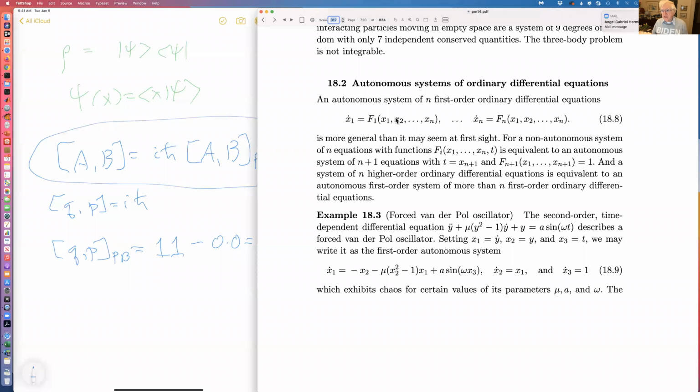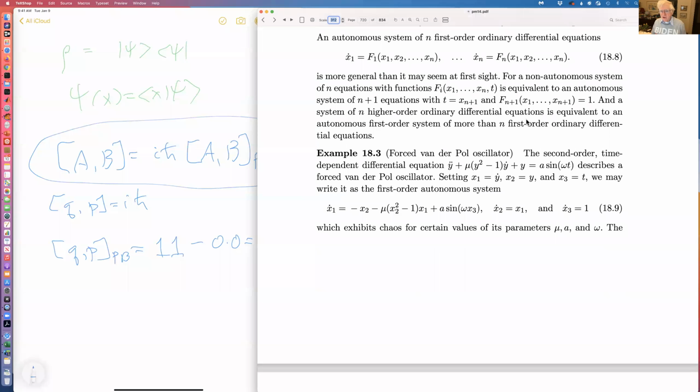Even though this is restricted, it's actually more general than it appears, because if you have a non-autonomous system of n equations, it's equivalent to an autonomous system of n+1 equations. You just set time equal to the (n+1)th coordinate, and the time derivative of the time is just unity, and so the (n+1)th equation is f_{n+1} of all of these is equal to 1.